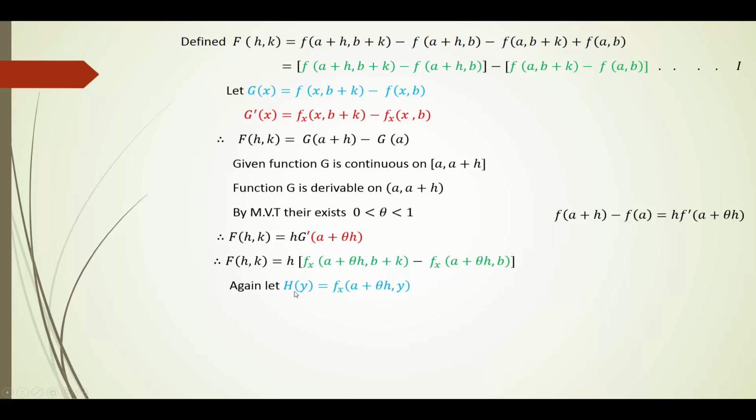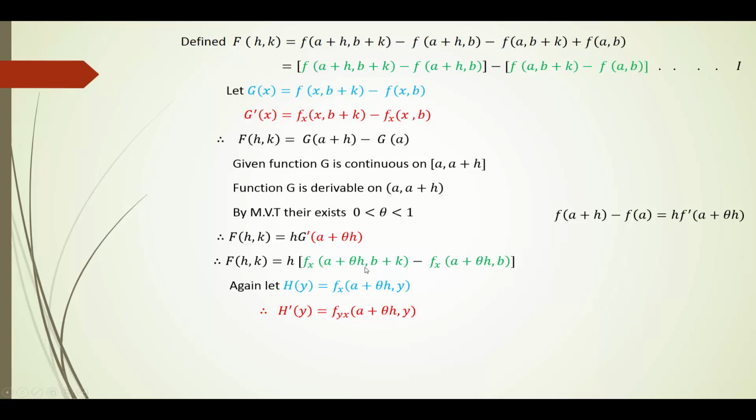Then find the derivative h dash y, the derivative of h with respect to y. So the derivative of this function with respect to y: the first derivative is fx, the second derivative with respect to y, so fyx of a plus theta h, y.